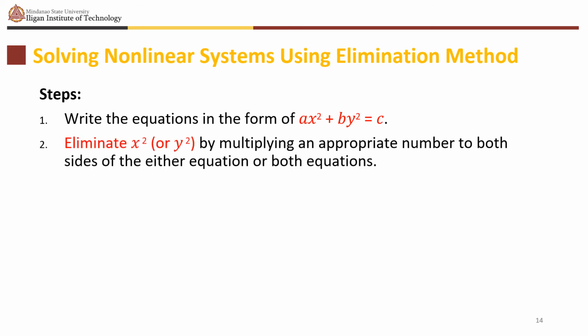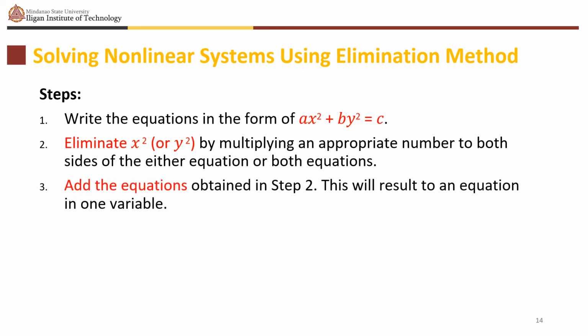Next would be to add the equations obtained in step 2. We know that this will result in an equation in one variable. Then solve this resulting equation in one variable obtained in step 3.